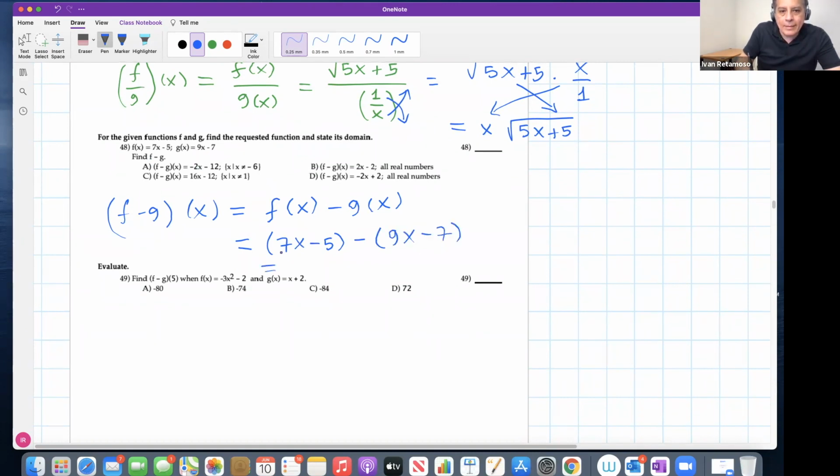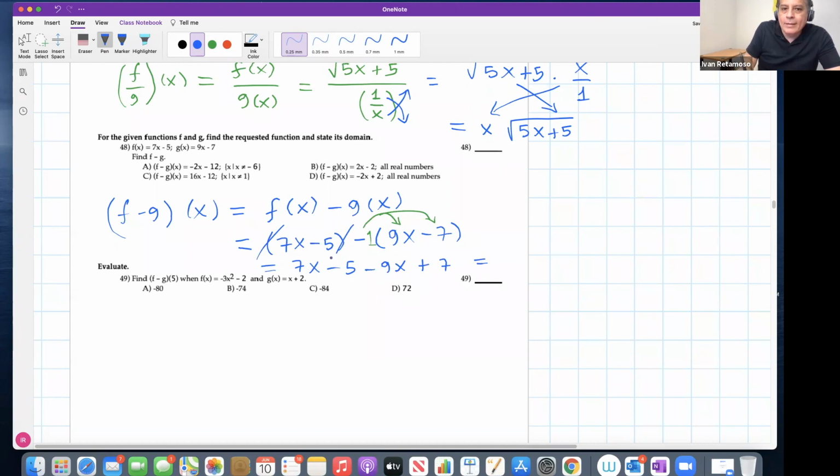Okay, so removing parentheses here, I get 7x minus 5, right? Removing parentheses here, but multiplying by this invisible negative 1, negative 1 times 9x will become minus 9x, and negative 1 times negative 7 is plus 7.